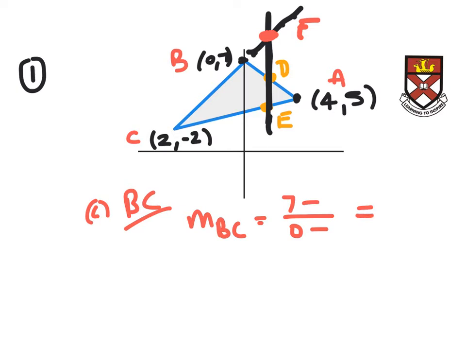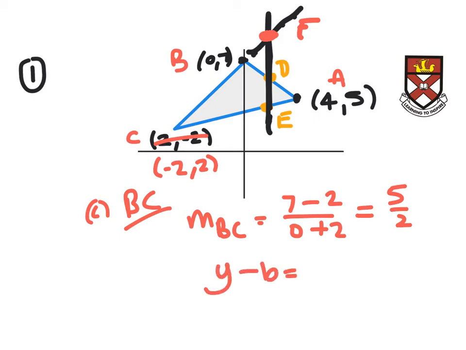I'm sorry, I'm hesitating because I've just realised, Mr. West, you idiot, that I've written that the wrong way round. It should be negative 2, 2, shouldn't it? Okay, so 7 take away 2 over 0 take away negative 2, that gives you 5 over 2 for the gradient. We can use the point B or C, and y minus b equals m(x minus a). So that's how you work out the equation of BC.